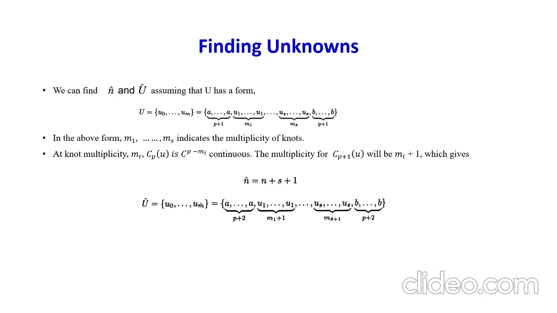At knot multiplicity mi, Cp of u is C power p minus mi continuous. The multiplicity for C(p+1) of u will be mi plus 1, which gives us the unknown n cap equal to n plus s plus 1, and also the U cap vector as u0 to u m cap. You can see the unknown U cap.